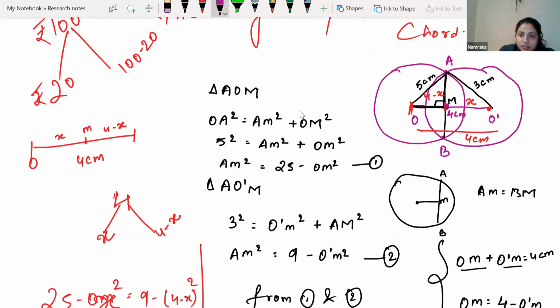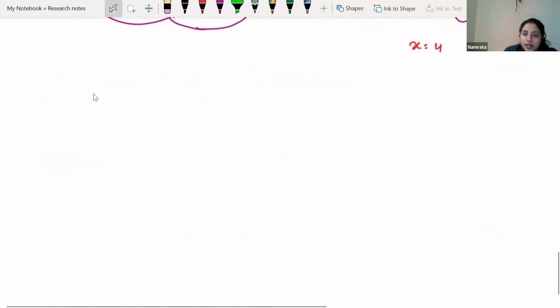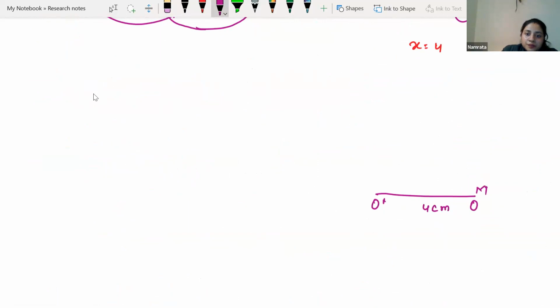Here only O' will lie, and we have to find the distance AM. Our figure will be like, if we draw a triangle, this O' and O, or M you say, it's the same thing. We know this is 4 centimeter. We know the radius of one of the circles is 5 centimeter, and we want to find this AM.